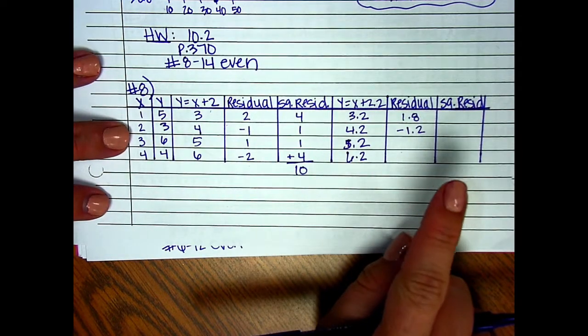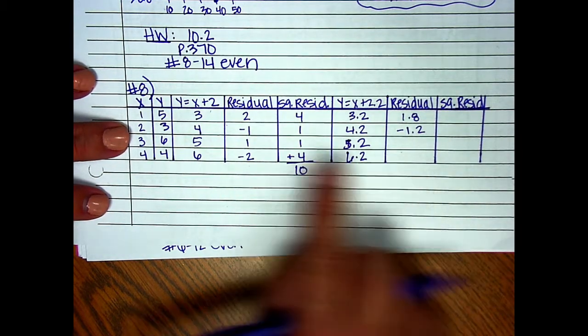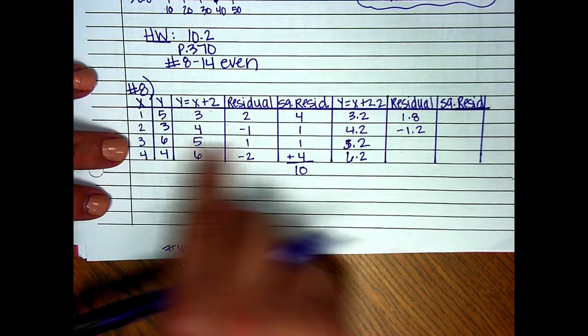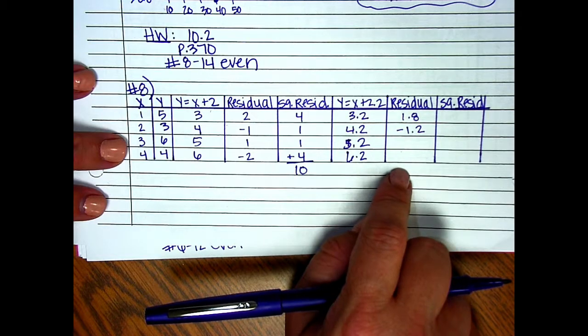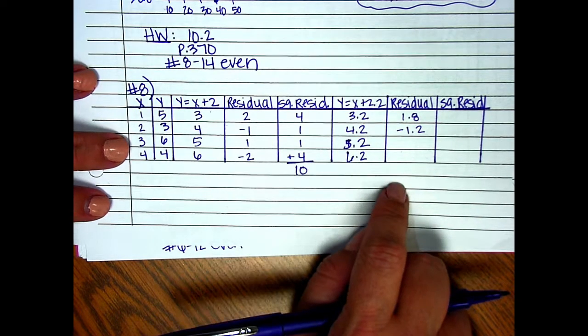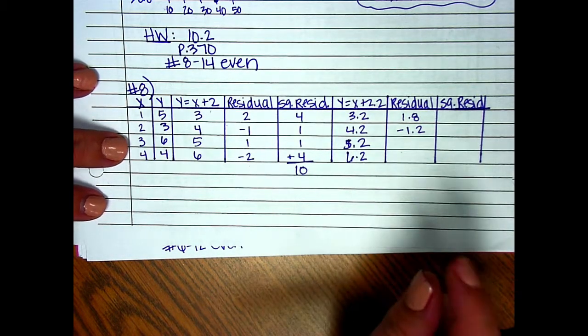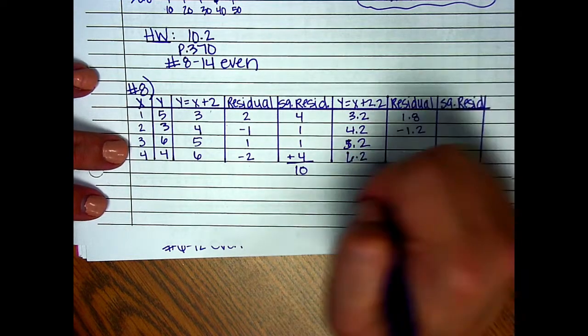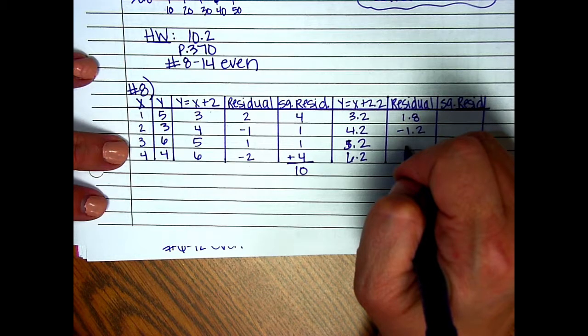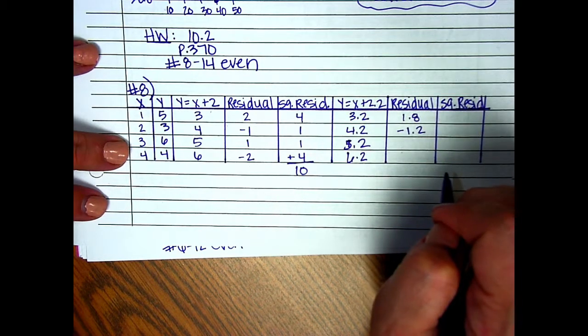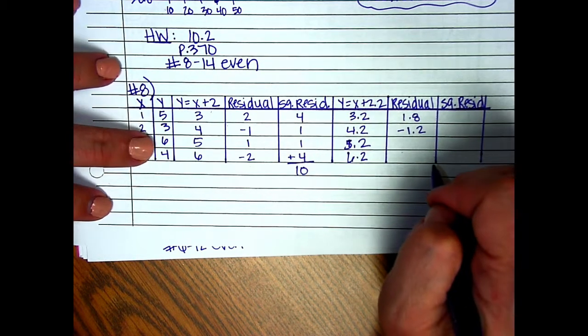Okay, you have to be real careful when you're subtracting. Three minus 5.2 is, I'm sorry, 6.